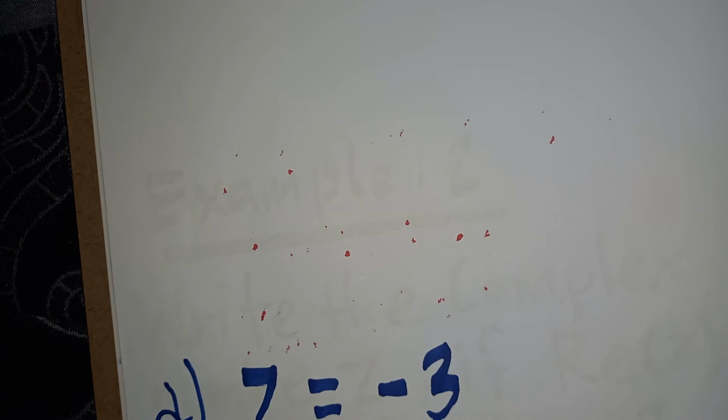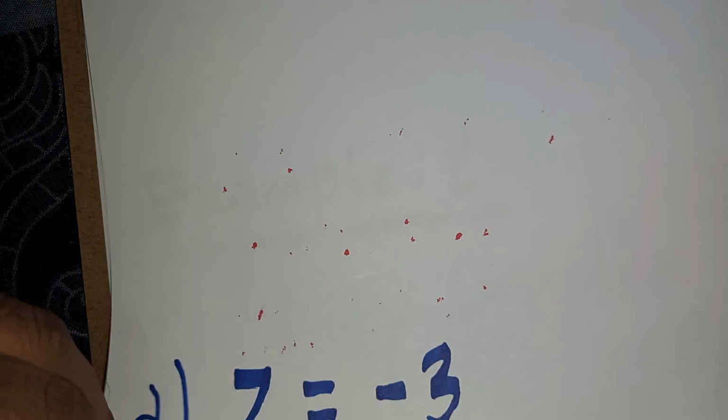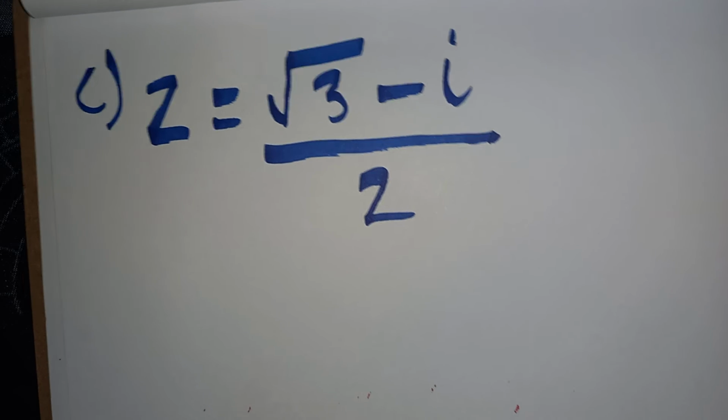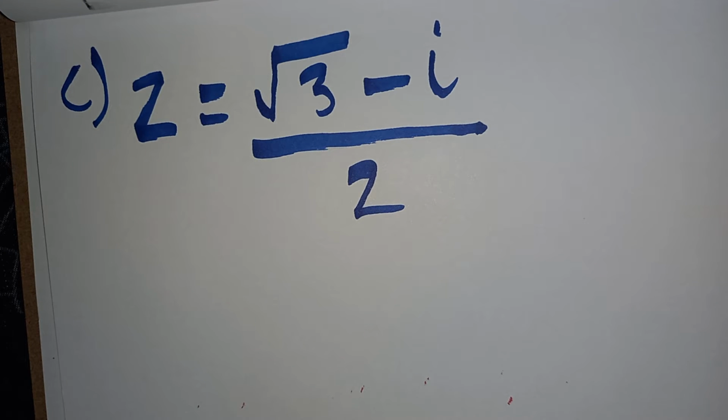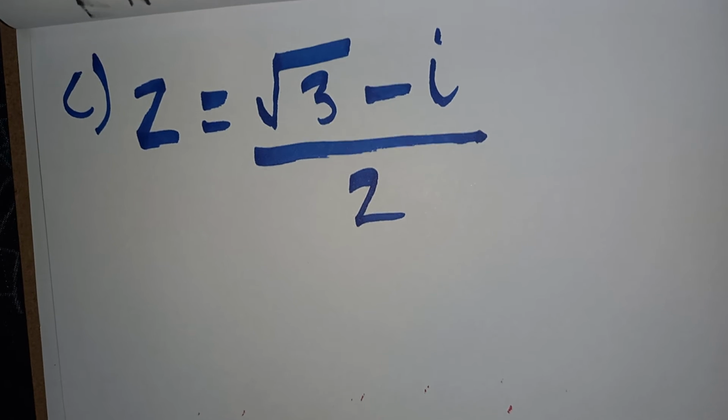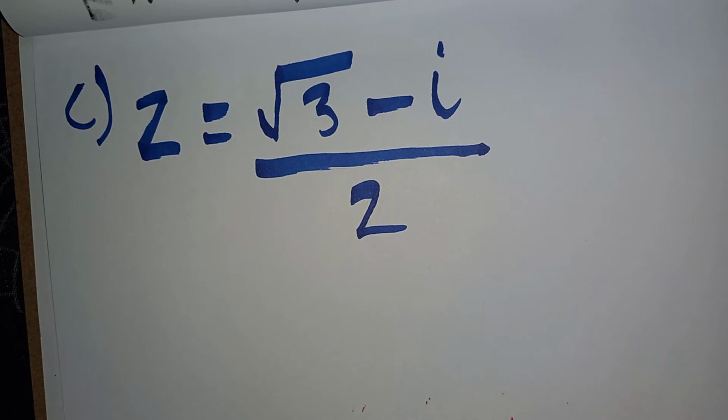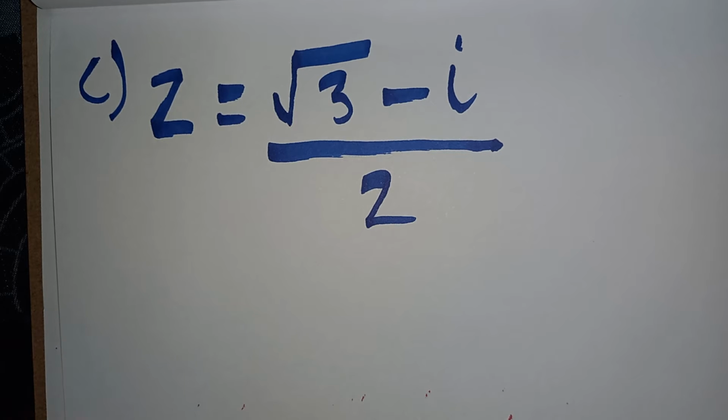Okay, let's do another example. We have z is equal to root of 3 minus i, everything divided by 2. So this one we have to first write in the form of z is equal to a plus bi.